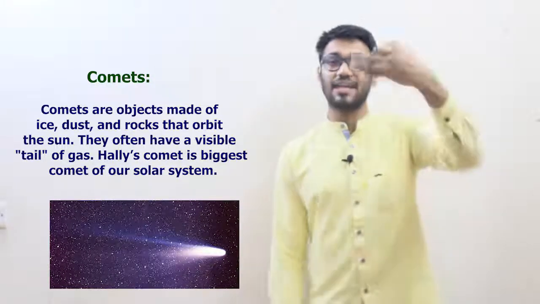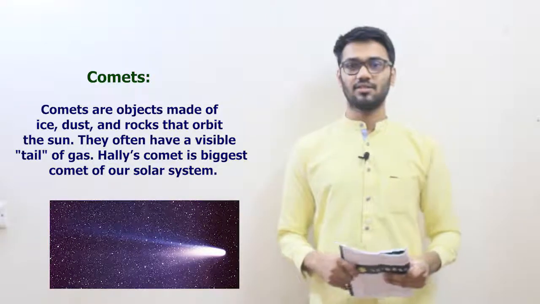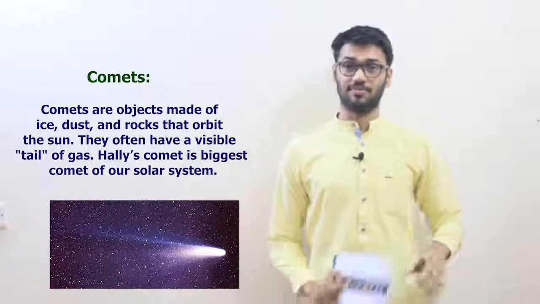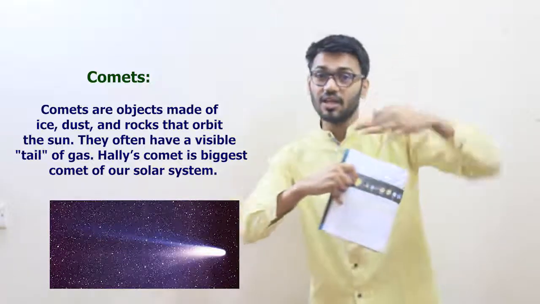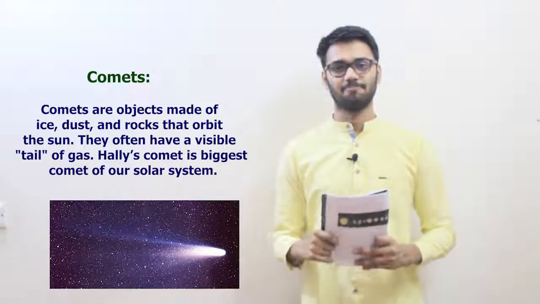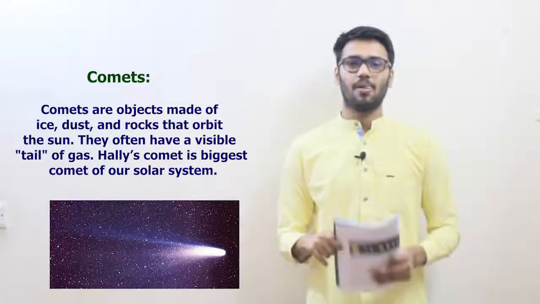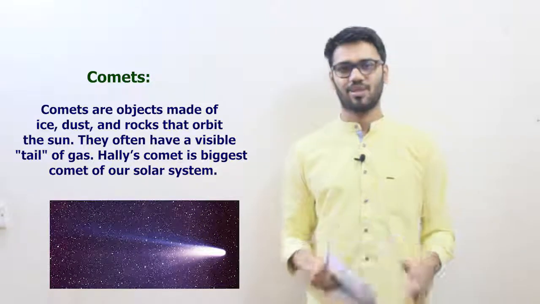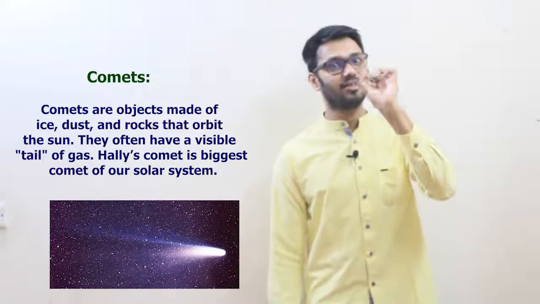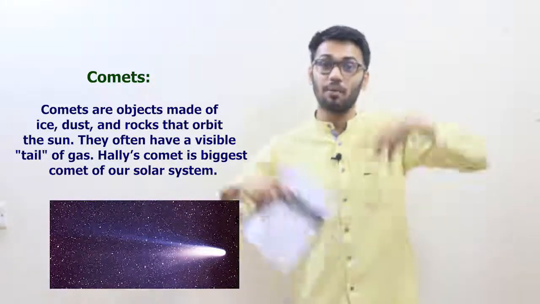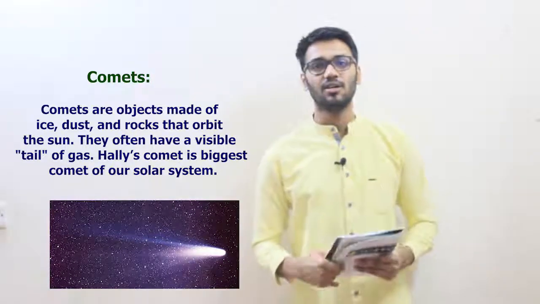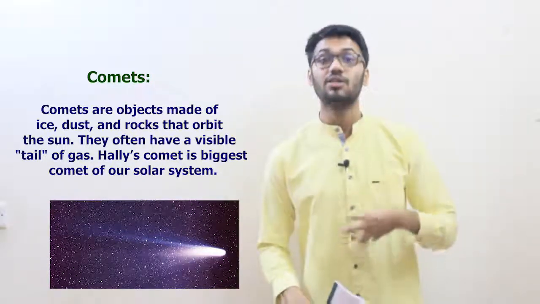That means after every 70 years, it comes near to the Earth. Did you know that? If you didn't know, right now you have known it. So tell it to your students. This is a very interesting one. Halley's comet is the biggest comet of our solar system.